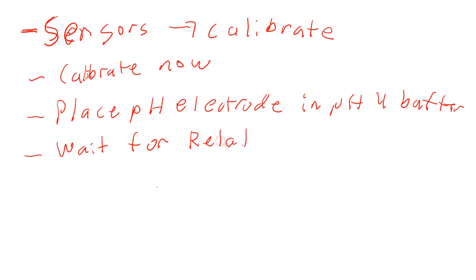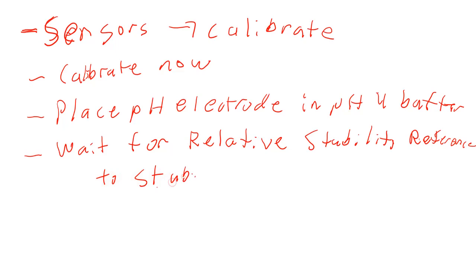The relative stability reference is what LabQuest calls the number that they use to measure the voltage. And you want to let that stabilize so that when you put in that this is pH 4, you are sure that what you are measuring is the pH 4 buffer.